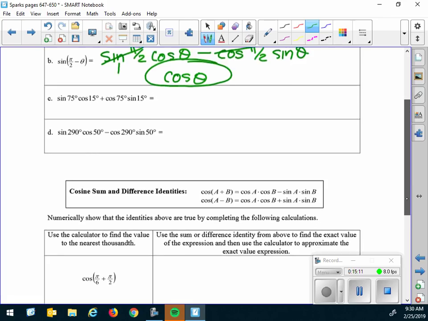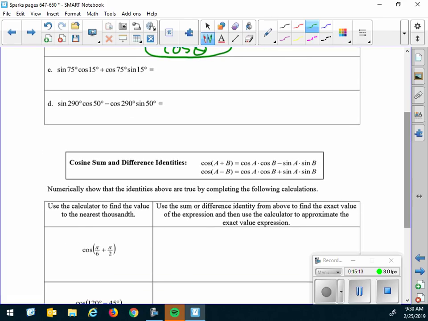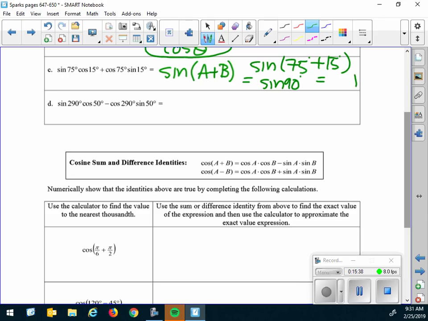Okay, so which one of those says sine of the first, cosine of the second, plus cosine of the first, sine of the second? Well, I seem to recall that sine of A plus B. So that's going to be the sine of 75 degrees plus 15 degrees. Well, what is that? Well, that's the sine of 90 degrees. Oh, that's one. That's kind of cool.